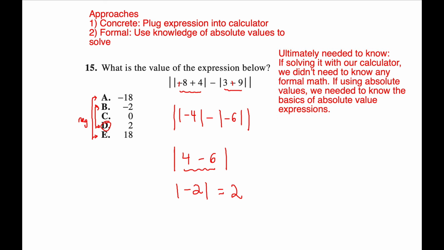As far as the ultimate takeaways on this question, one of the major ones is the fact that we were able to use our calculator to entirely solve this. And I don't want to suggest that knowing the math here isn't important, because it definitely is important to know. And it's also not a good habit in general to just try to rely entirely on a calculator or to try to get by with superficial understanding or memorization of math concepts, both on this test and also in general when it comes to math.